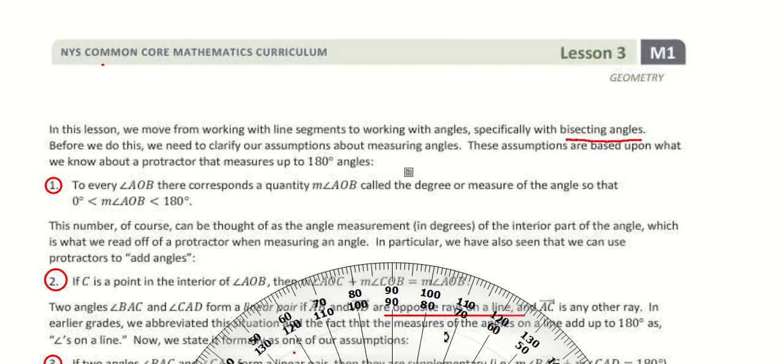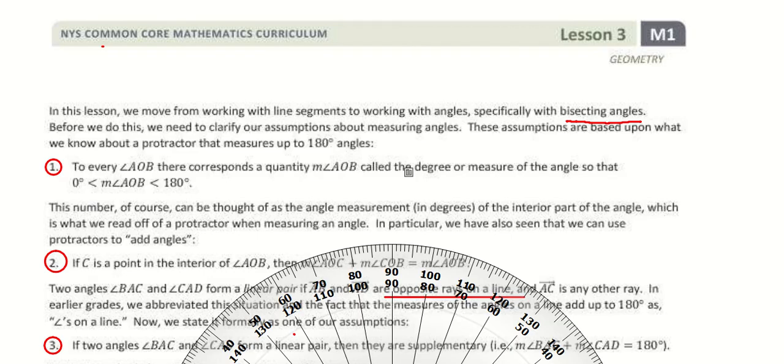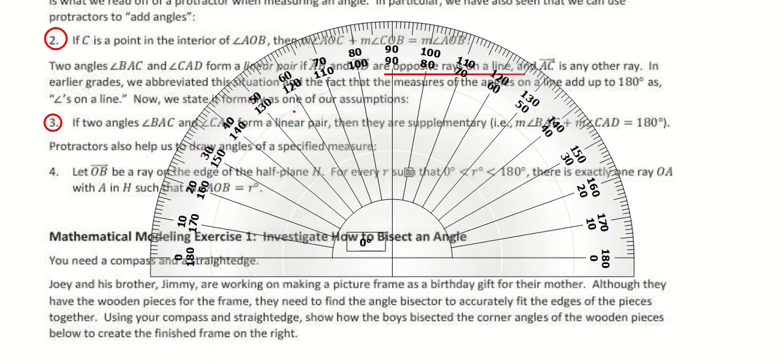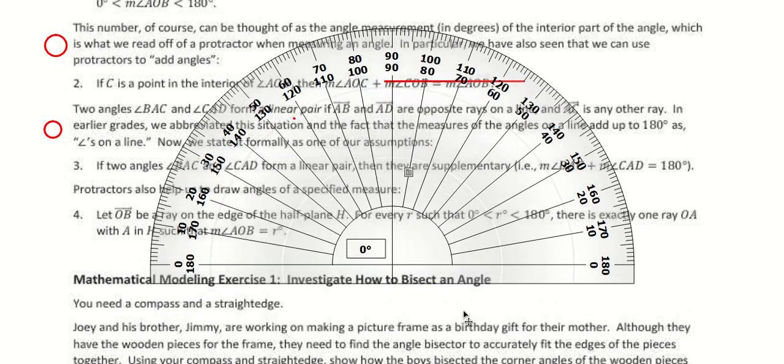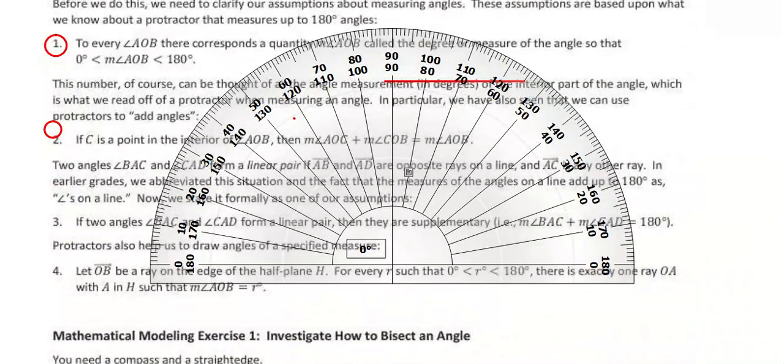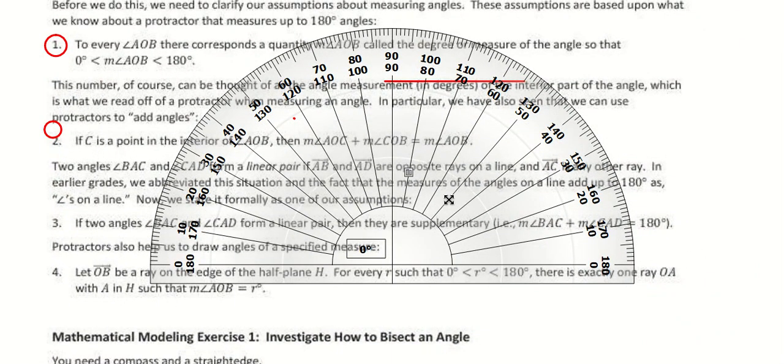Okay, so here's our protractor for our purposes right now. You can see that on my protractor, it normally is about 180 degrees. So my angles that are formed on my protractor always measure 180.